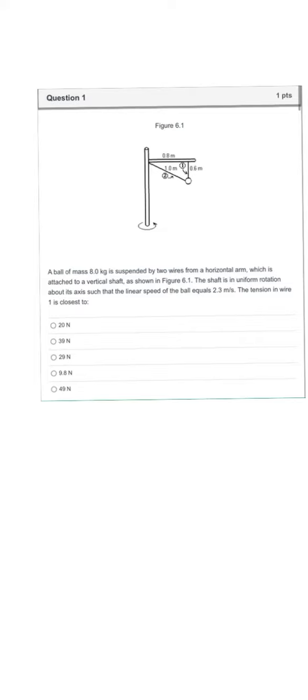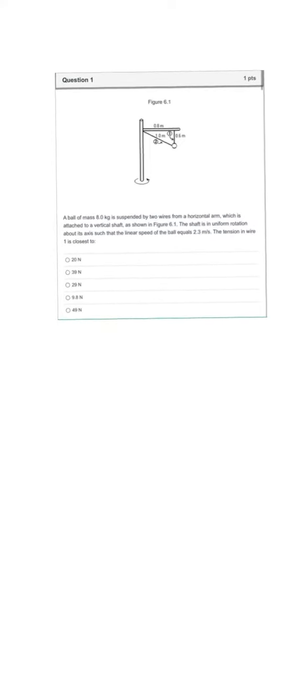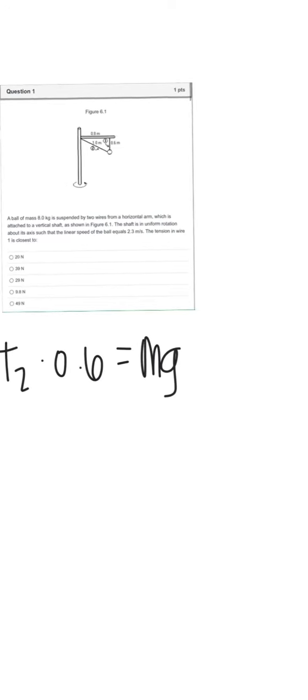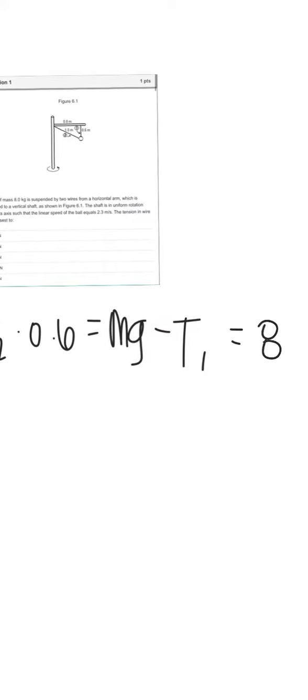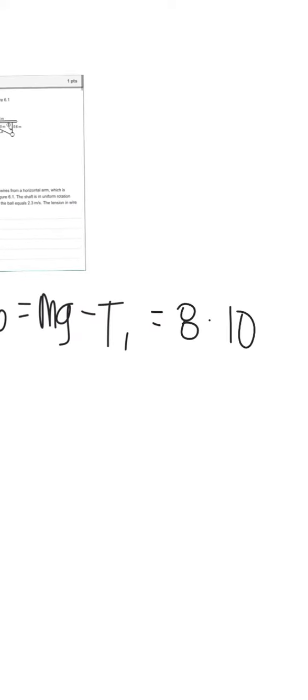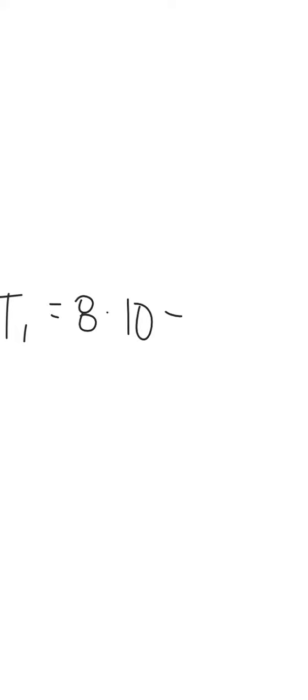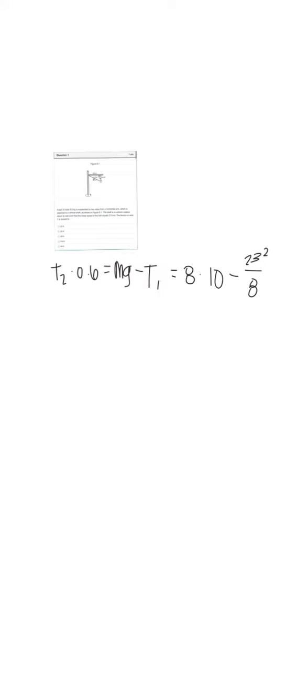So in order to solve this question, what I did was T2 times 0.6 is equal to mg minus T1, equal to 8 times 10 minus 223 over 8. Okay, so I used this equation to solve this problem, and next we're just going to simplify.